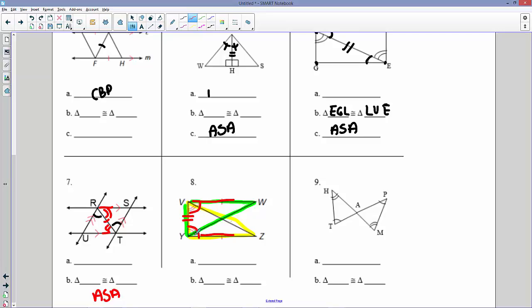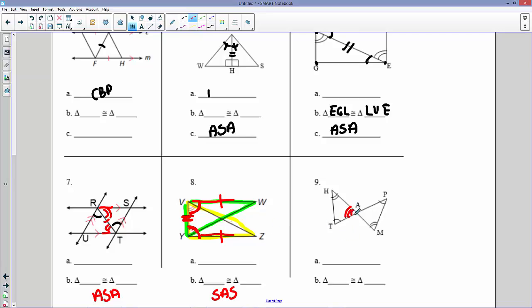So together, through angle addition postulate, that big angle WVY and VYZ are congruent. So this yellow triangle and the green triangle are congruent through SAS. So that's a toughie. Okay, I'll leave it to you to figure out the triangle congruency there.